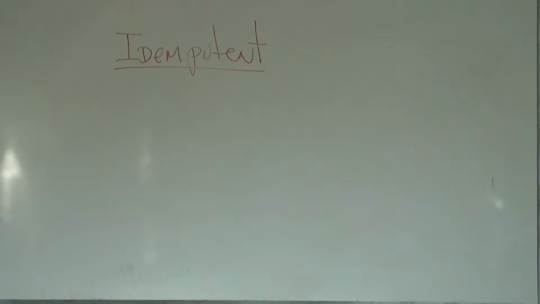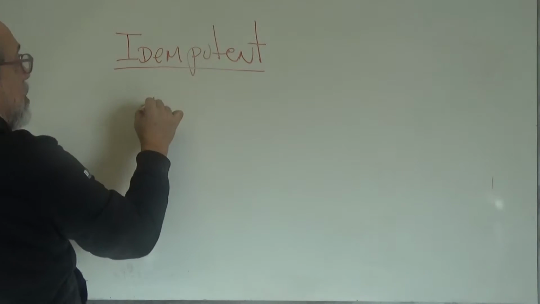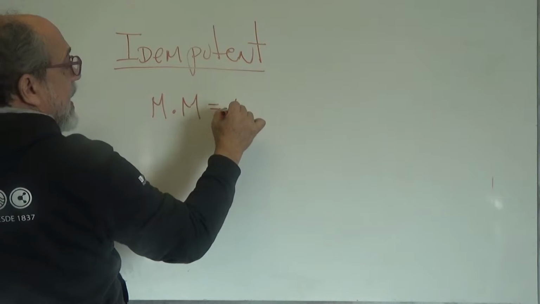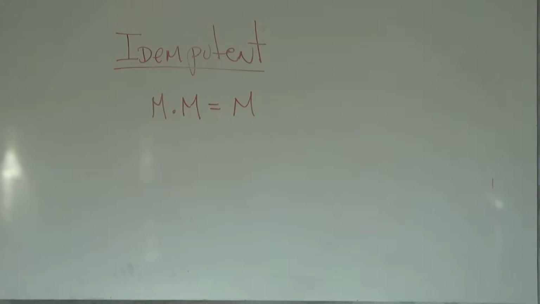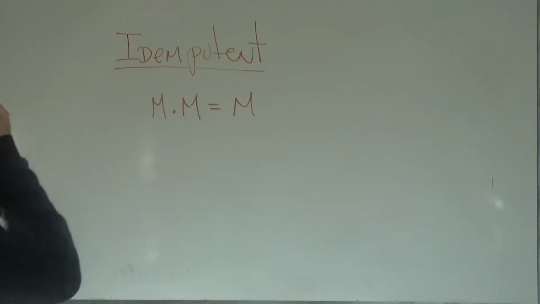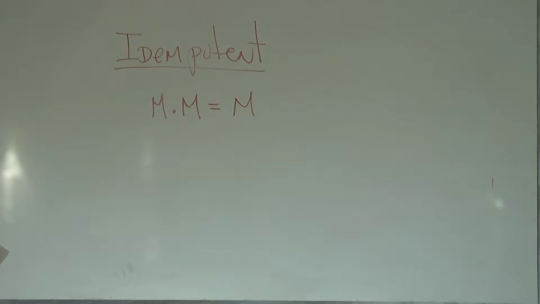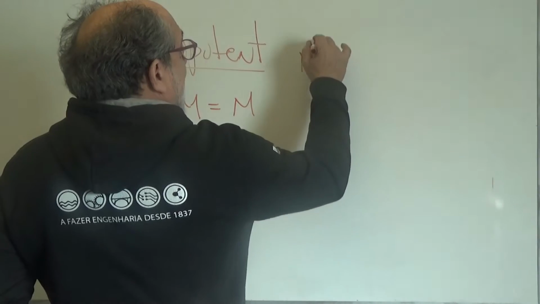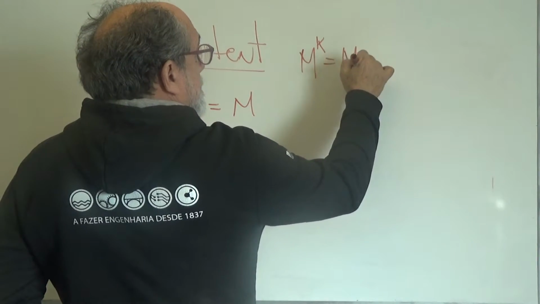A matrix is idempotent if when you multiply it times itself, you get itself. Okay? That is, raising the matrix to a power does not change it. Now that is kind of weird at first, right? That means M to the k is M.